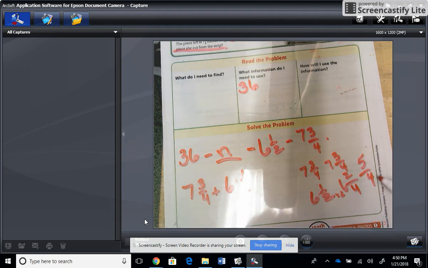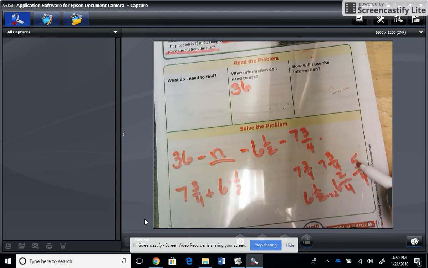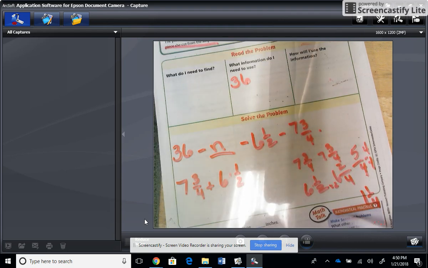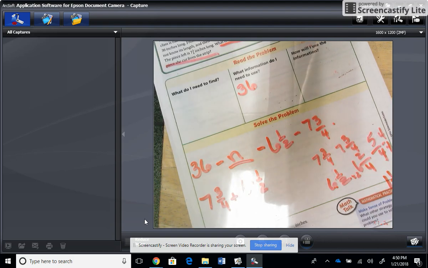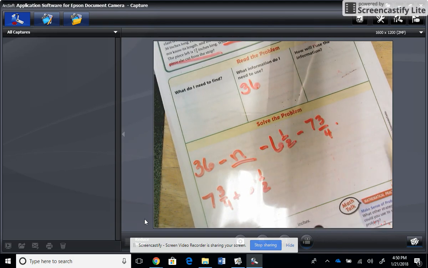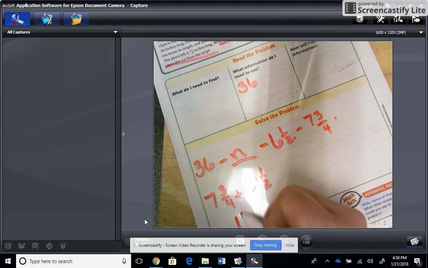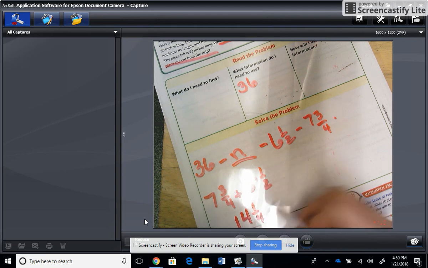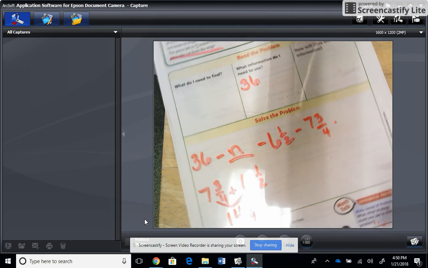Well, this is an improper fraction. So 4 can go into 5 one time. So there's my whole one. 4 fourths, take away 4 fourths from 5 fourths, I get 1 1/4. Let's add that to our 13, and we now are at 14 1/4. So this equaled 14 1/4 together.